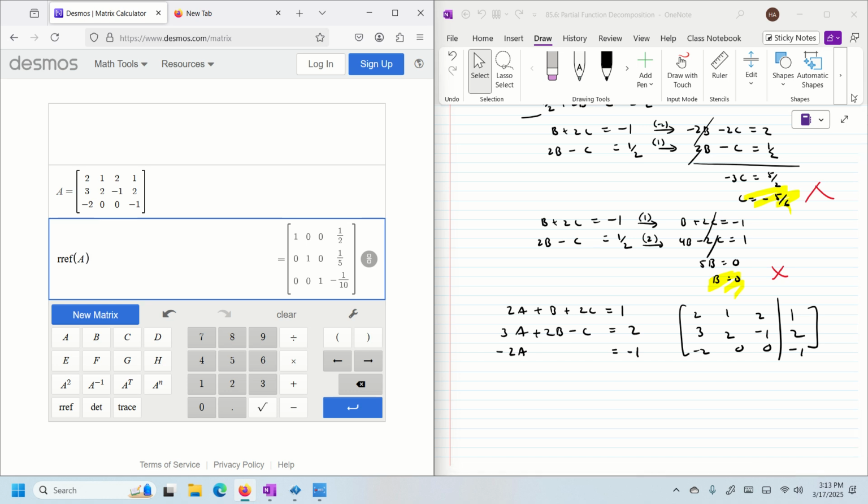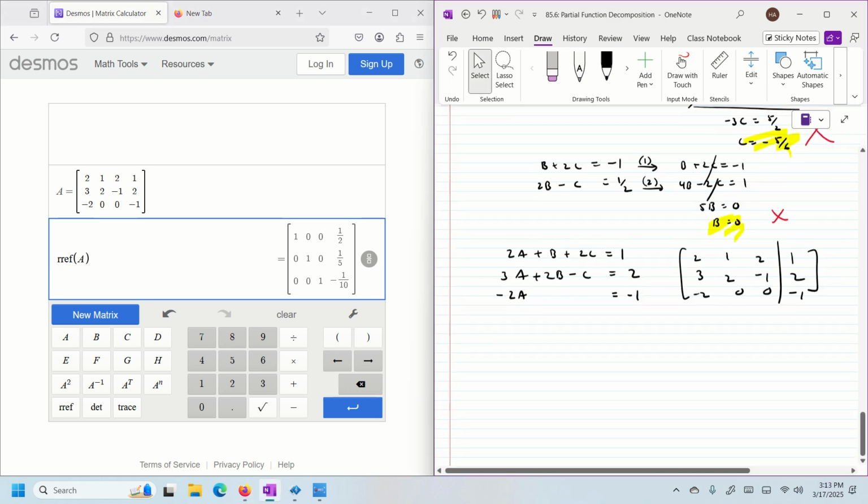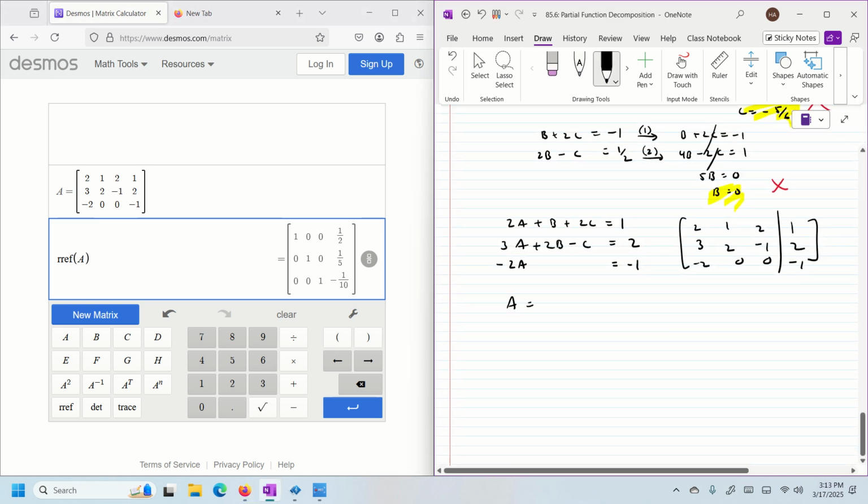And I get that a is equal to 1/2, my b is equal to 1/5, and my c is equal to -1/10.